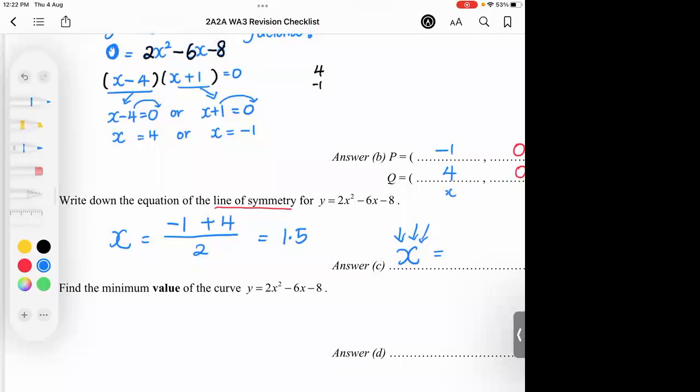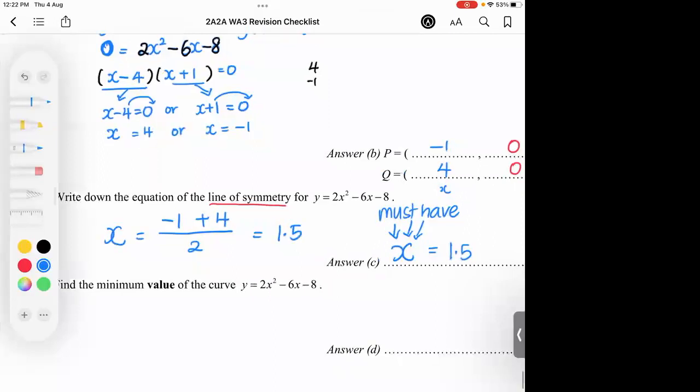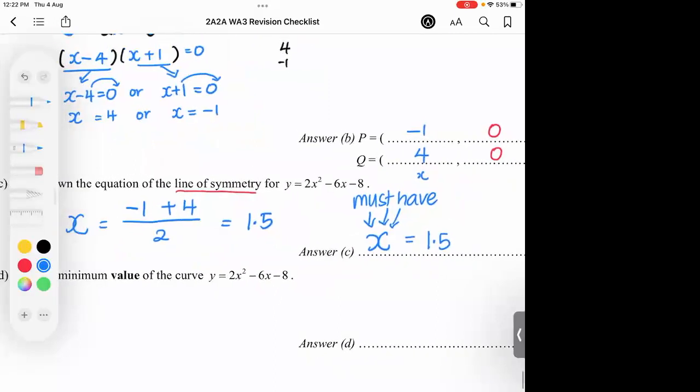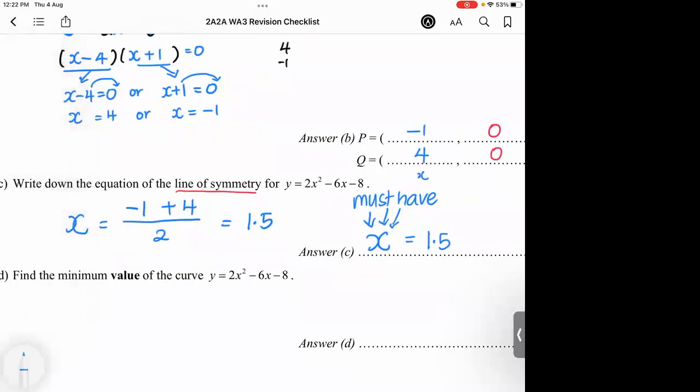So you can write x equals to 1.5 or you can write x equals to 3/2. But you must have your x equals to. If it's just the 1.5, 1.5 is only a number. It's not an equation of the line.